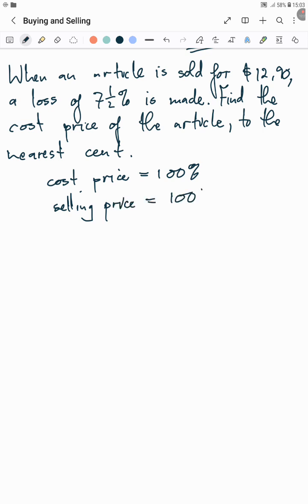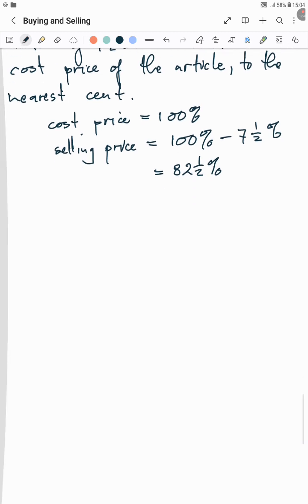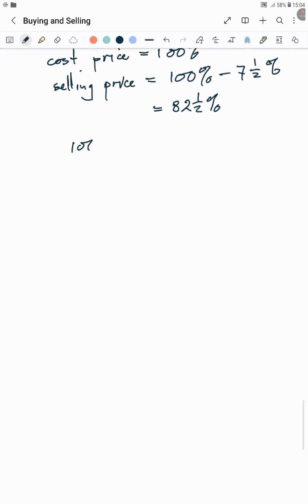So we're saying 100% minus 7.5%, which gives us 82.5%. We want to find 100%. 100% is equal to X, but 82.5%, we have its value.